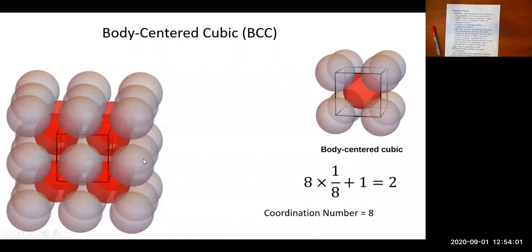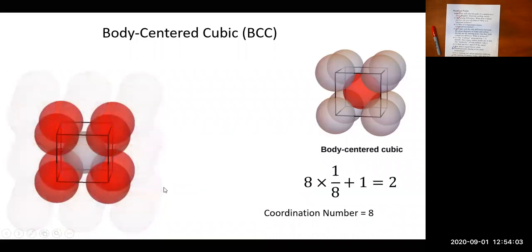And then take away the excess that's on the outside. This is still body-centered cubic, just with the red and gray swapped. So the coordination number for the gray atoms is identical to the coordination number of the red atoms.